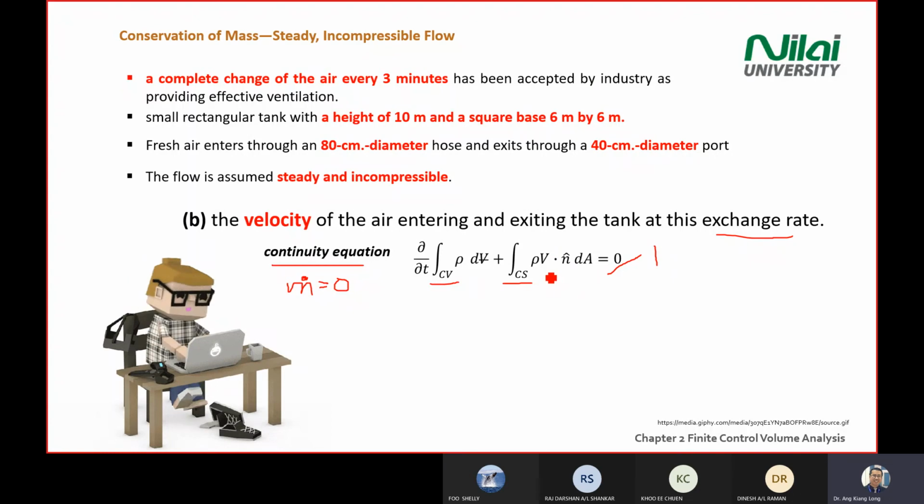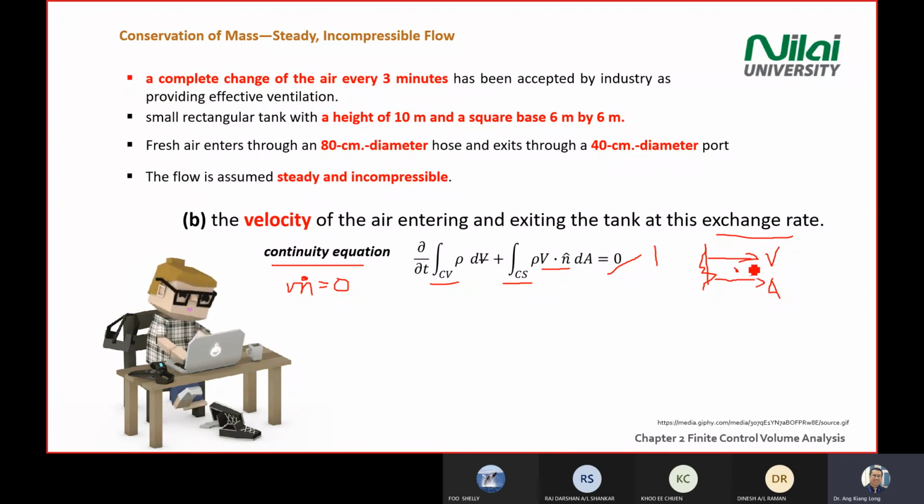So last lecture I already showed you how to find the positive and negative value depending on two things. One is the wall velocity and the area vector. You look at these two arrows, you can find the dot product.